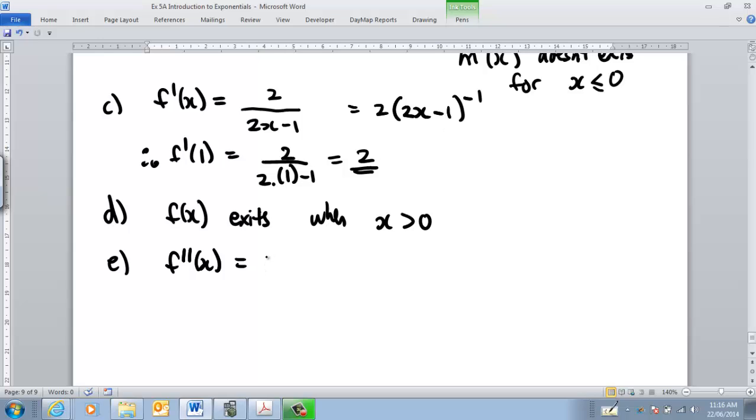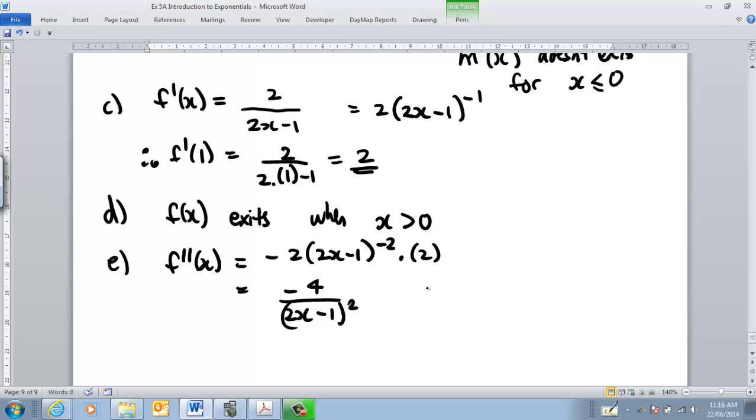So that will give you negative 2x take 1 to the negative 2 times 2. So that's going to give me a value of negative 4 all over 2x take 1 squared.